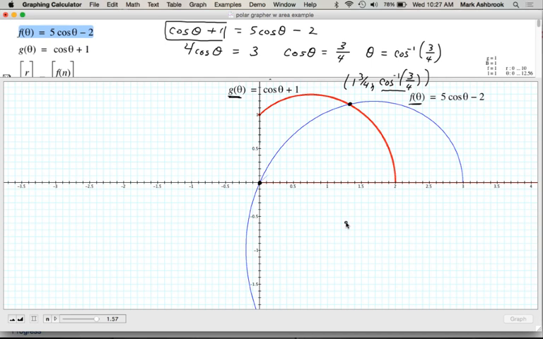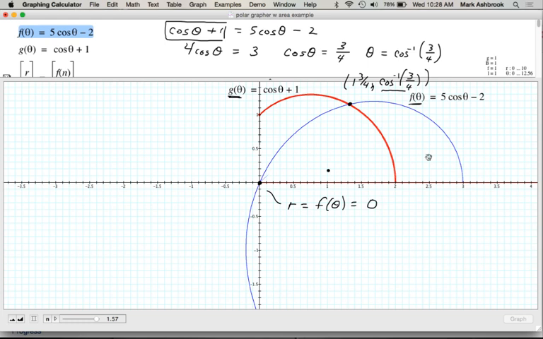Okay, what's happening here? You said where the r value switches from positive to negative, and therefore the r value is 0. So this is r equals 0, and which r are we talking about? f. There's some angle for which the value of f is 0.